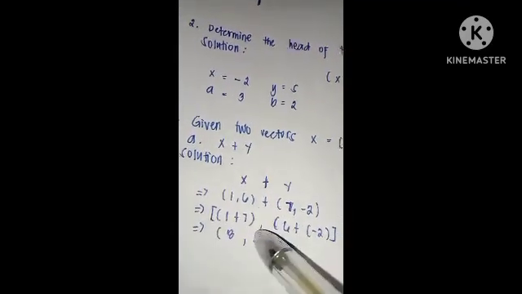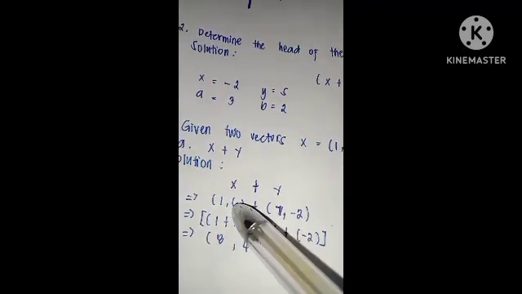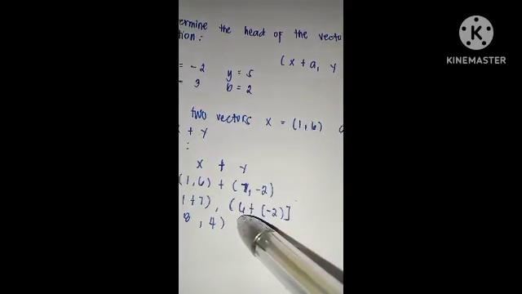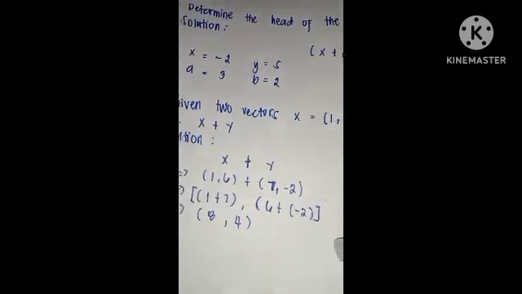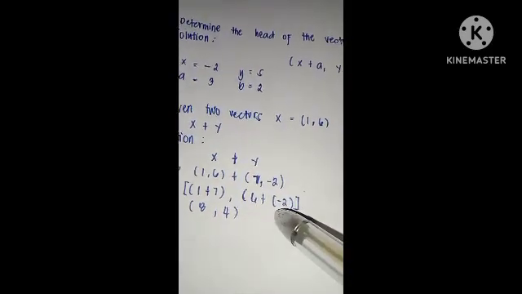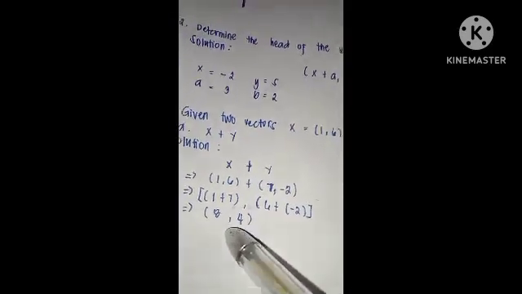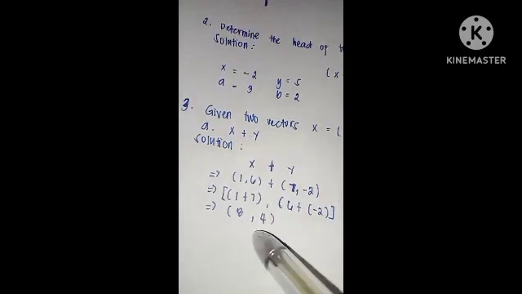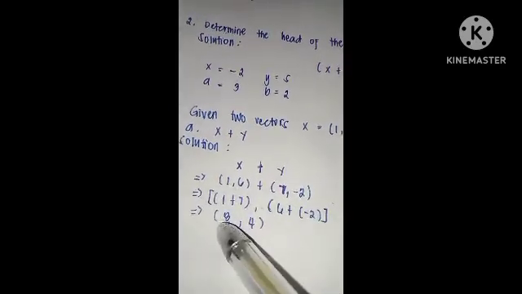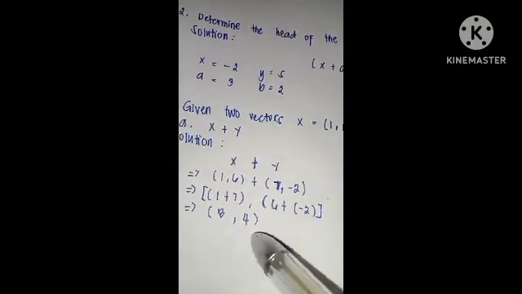So 1 plus 7. The y value here is 6 and the y value here is -2. So 6 plus -2. 1 plus 7 is equal to 8. 6 plus -2 is equal to 4. So the answer of x plus y is 8 and 4.